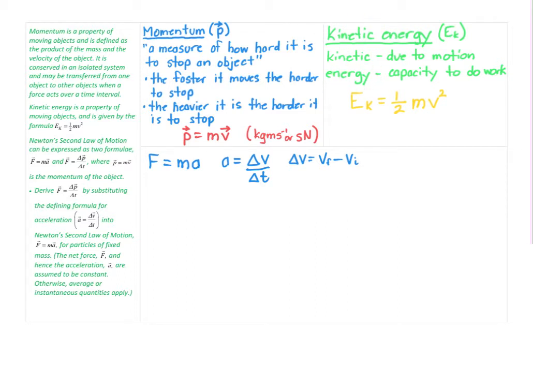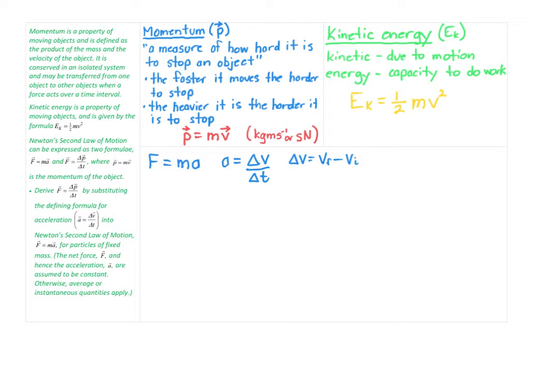And energy is the capacity to do work. If you remember back to your early years, work is force times distance. So energy is the ability to apply a force and cause an object to move a distance. But all we really need to know at this point is the kinetic energy formula: EK equals a half mv squared. And I'm hoping most people already know and remember that by now.